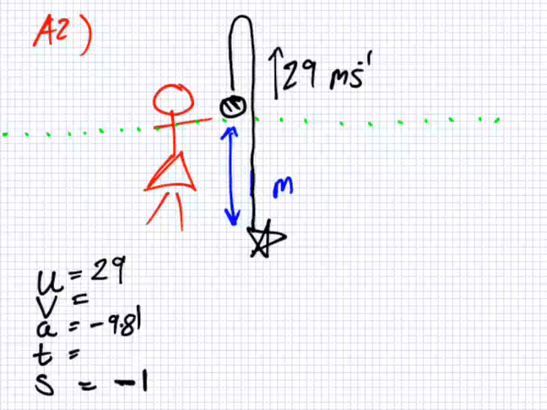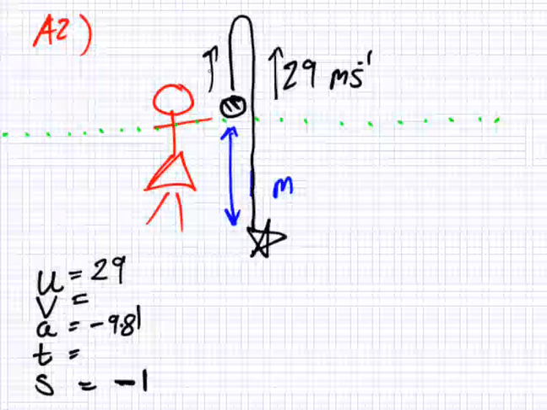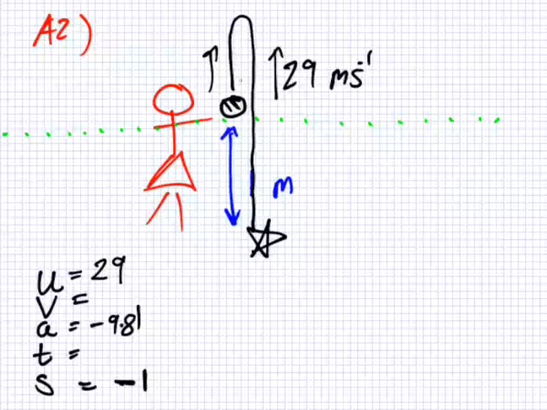So this is just your regular U, V, A, T, and S. 29, don't know, minus 9.81, don't know, and what about the S? 1 meter plus something. That's a zero. You are failed. Huh? Zero. 1 meter.